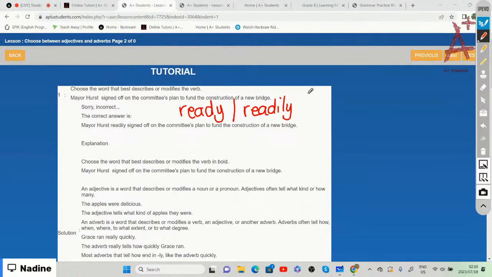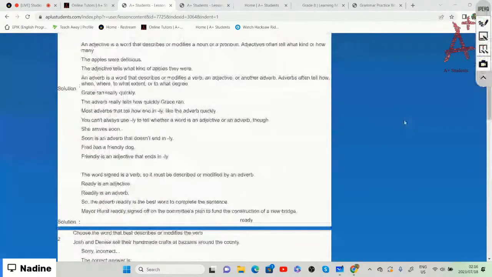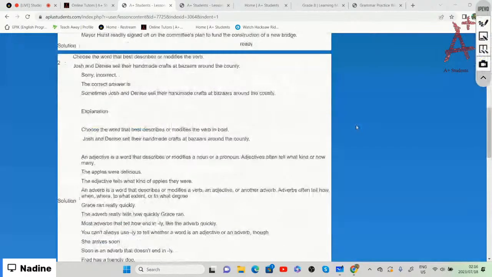In this case, ready is the adjective and readily is the adverb that describes or modifies the verb. So Mayor Hurst readily signed off on the committee's plan to fund the construction of the new bridge. And we said ready is an adjective, readily is the adverb.